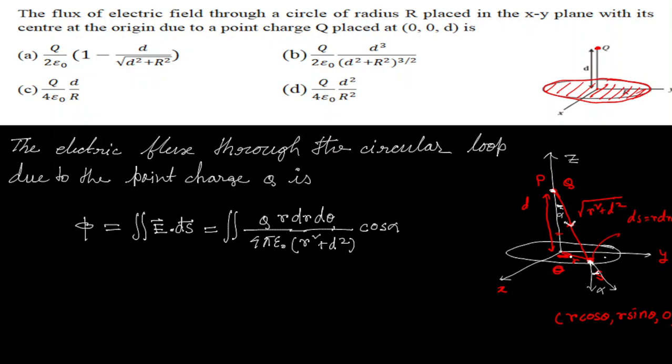But for different theta, for a particular r, it will always be the same. So in this case alpha is a function of r. So what will be the value of cos alpha? We have to write this cos alpha in terms of r.